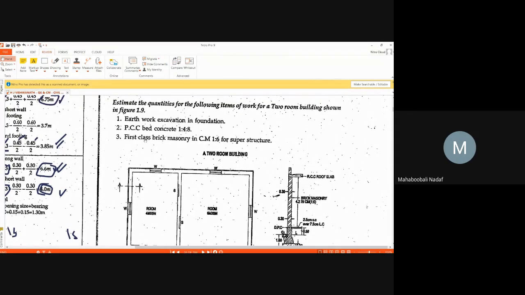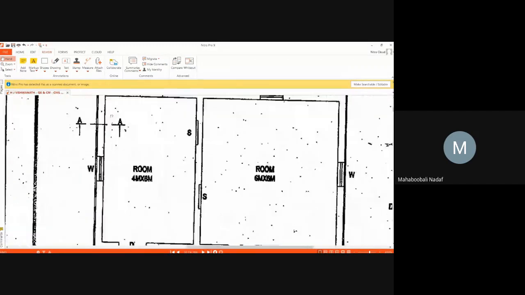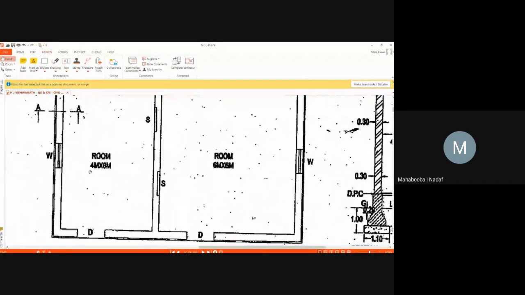Only 3 items, because the cross section itself is telling only these items. What is the size of the room? I will enlarge this diagram, then you can easily understand. 4 meter by 6 meter. Here 6 by 6. No problem. Clear?